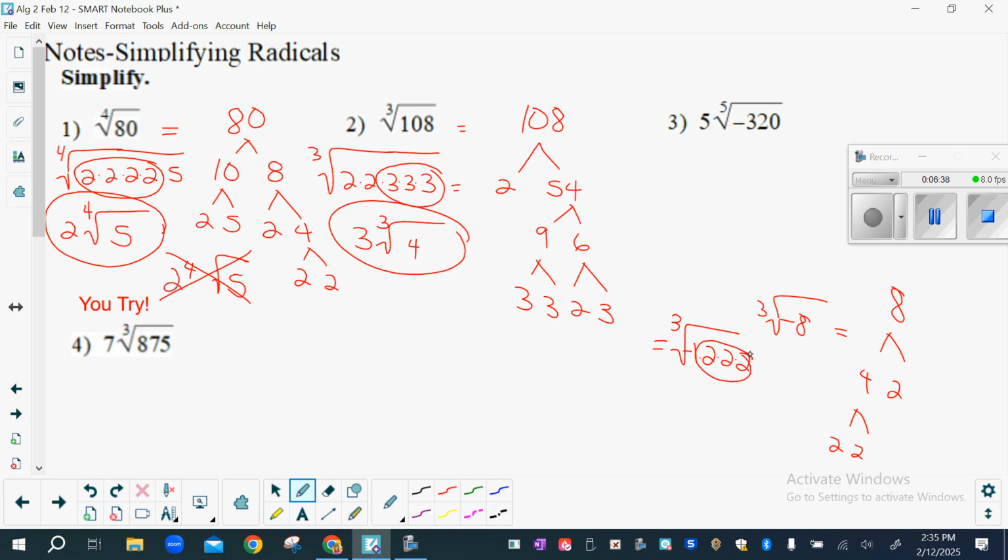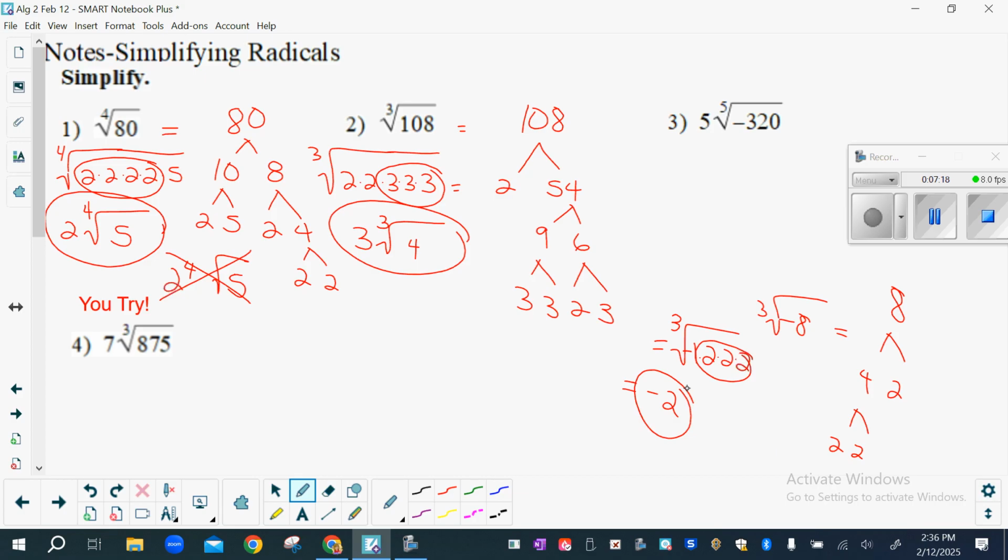What do we do with that negative that's on the inside? If it was a square root, it would be an i. But now it is a cube root. If I took negative 1 and multiplied it by itself 3 times, would it be a negative 1? Negative times negative times negative, what is that? It's negative, isn't it? So I can take out a negative 2 on this one. My answer would just be negative 2 because this is a 3 here.